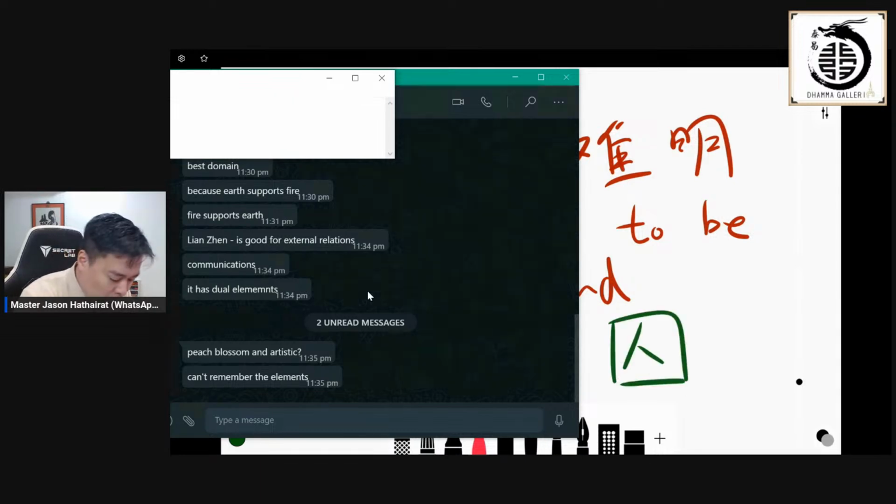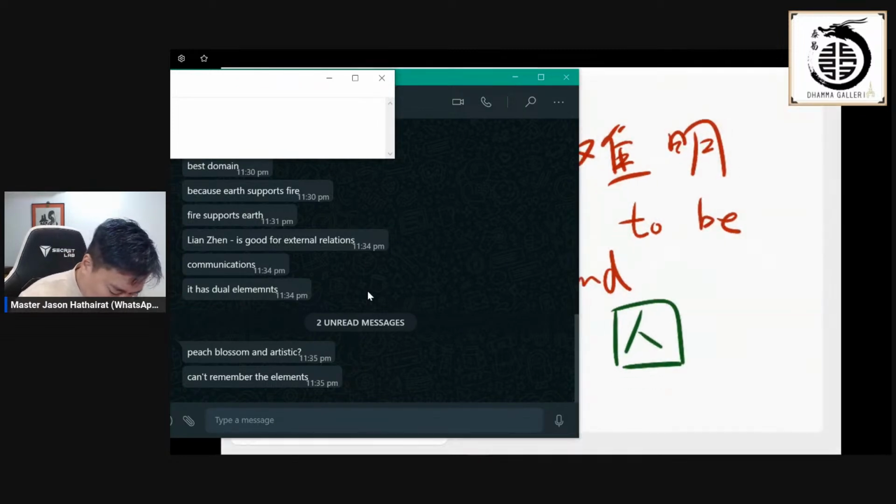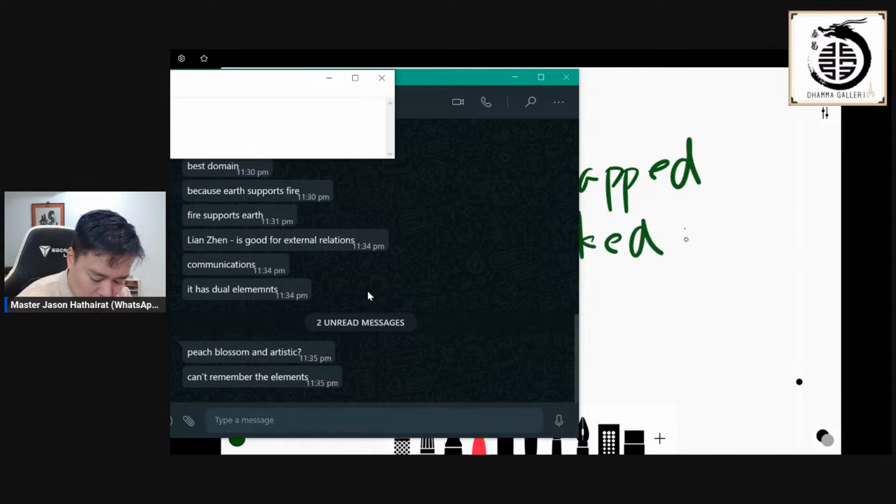This 囚 in Chinese means being trapped, or being locked up, or even in prison.